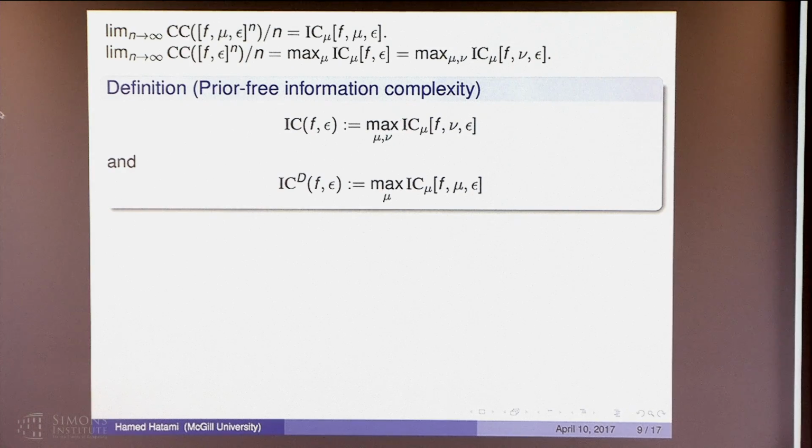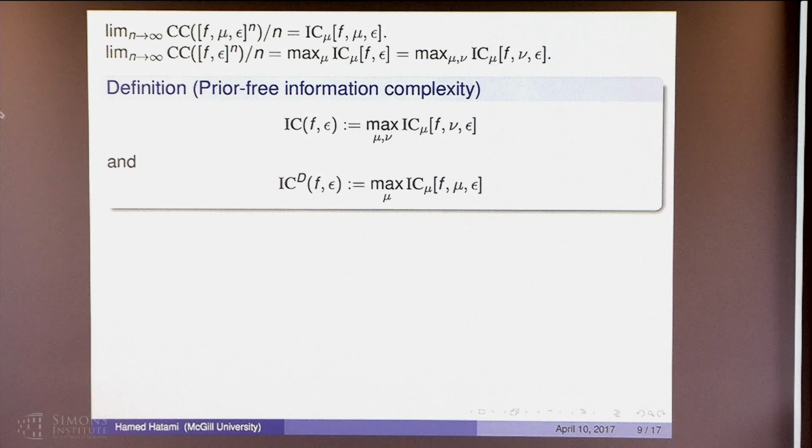And these are good for obtaining lower bounds for communication complexity. So one is just looking at this one, the second one. Let's call that prior free information complexity of f. There's no distribution here. It's really for f and epsilon, right? Because both distributions are maximized here. And now also you can look at the first one here and look at the hardest mu. So you can maximize that. And Braverman called that distributional prior free information cost of f and epsilon.